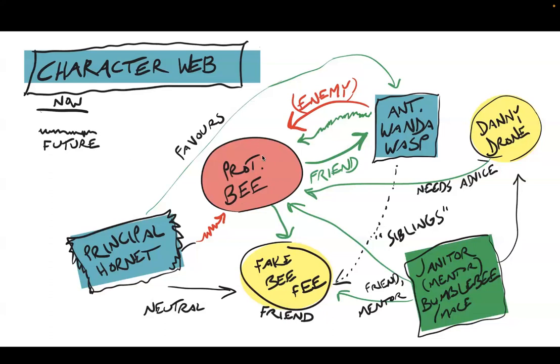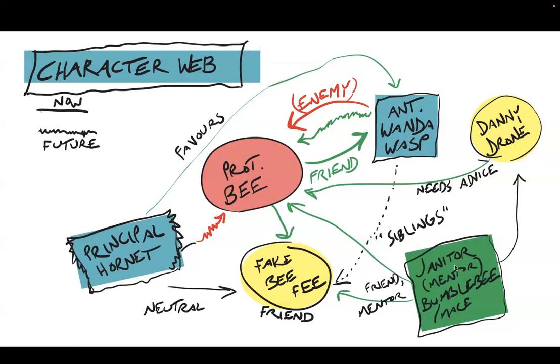And Bee's worst enemy or antagonist is called Wanda the Wasp, but Bee thinks that they are friends, but Wanda knows that they are enemies. So they are kind of frenemies. And then we have this friend, Danny the Drone, who constantly needs advice.